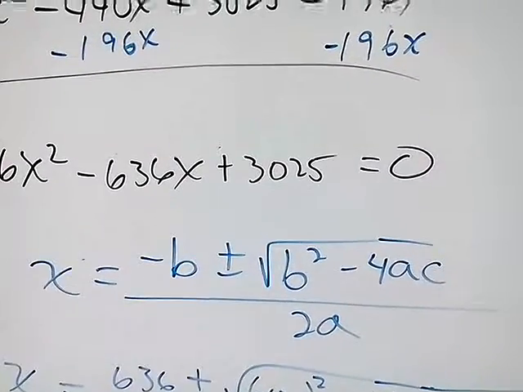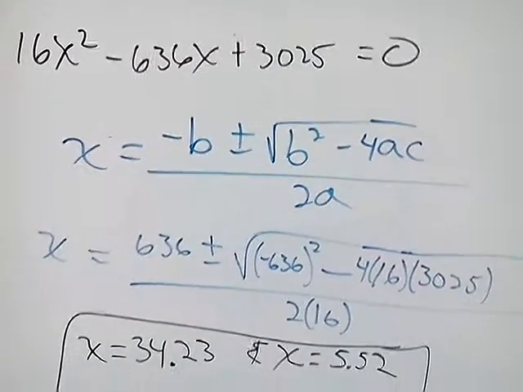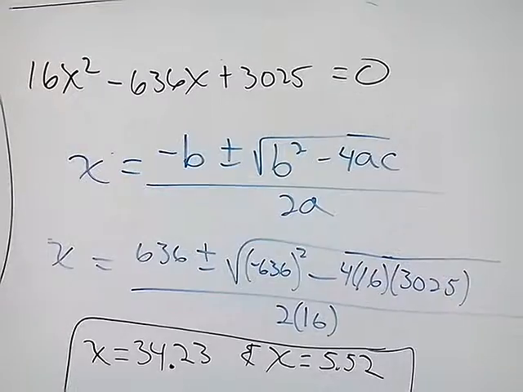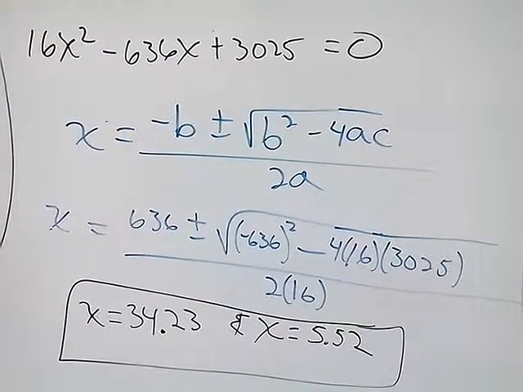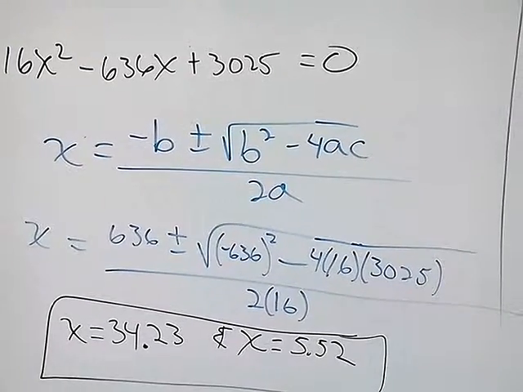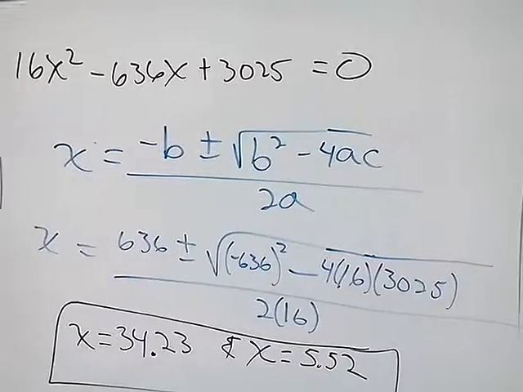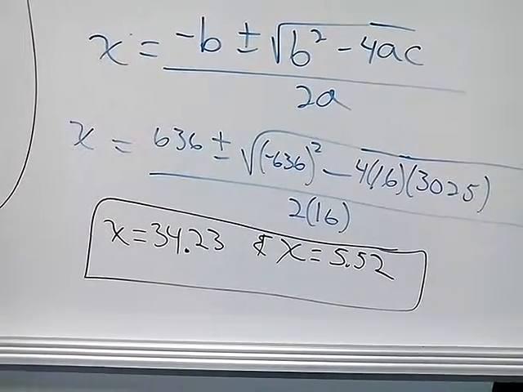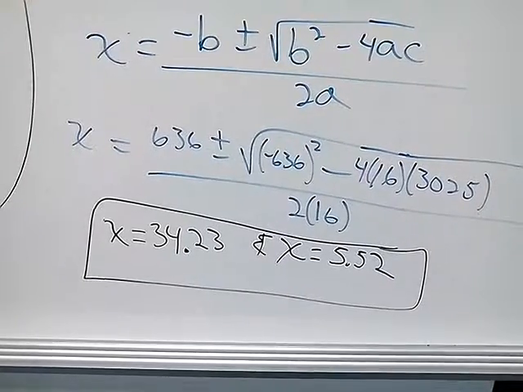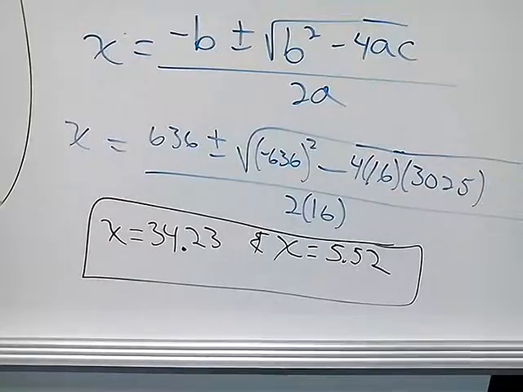The quadratic formula as we see it here, substituting for our variables there. And once we use the quadratic formula, we find that x is equal to approximately 34.23 and approximately 5.52.